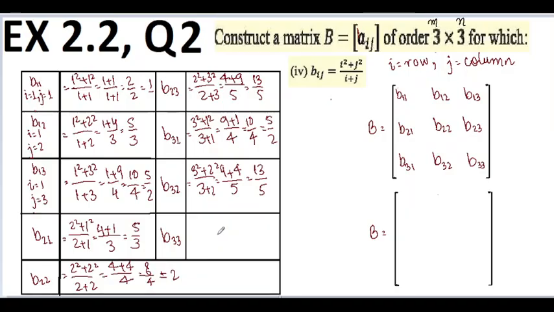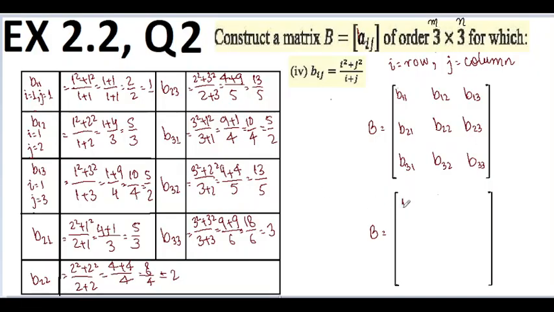The next term is B33, which is equal to 3 square plus 3 square whole divided by 3 plus 3. So 3 square gives us 9 plus 3 square again gives us 9 whole divided by 3 plus 3 gives us 6. It is equal to 18 by 6 and 18 by 6 equals 3. Now we are going to put all these values of the elements of B into the matrix form.